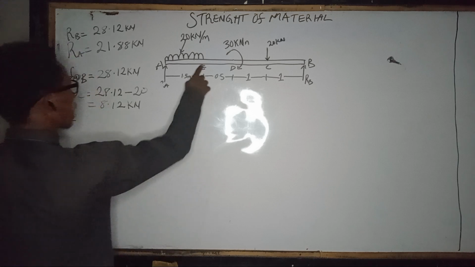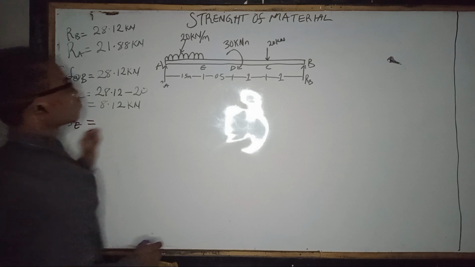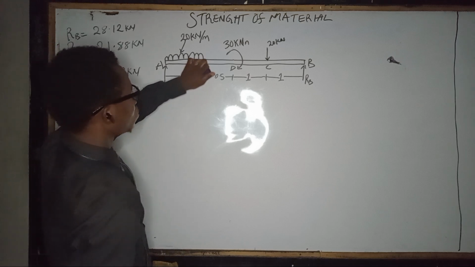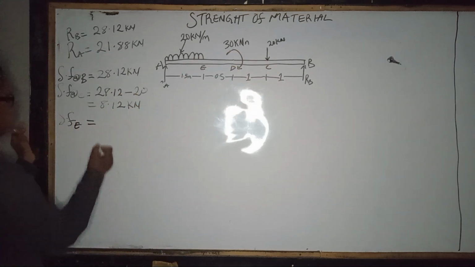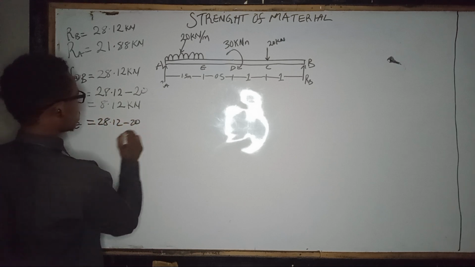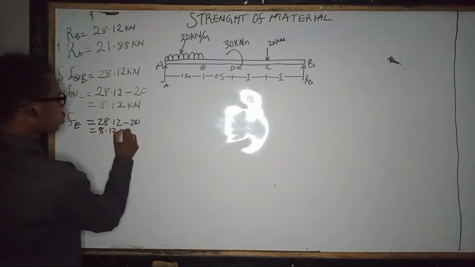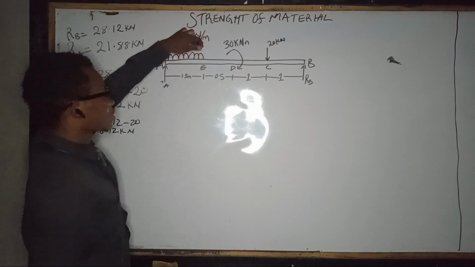Our shearing force at E would be equal to the same thing, 28.12 minus 20, which gives us 8.12 kilonewton, because it is still in a straight line up to here.